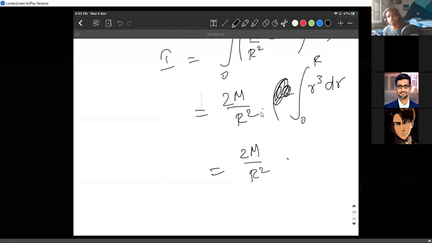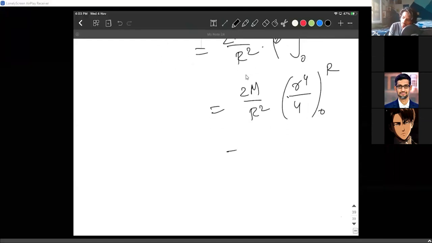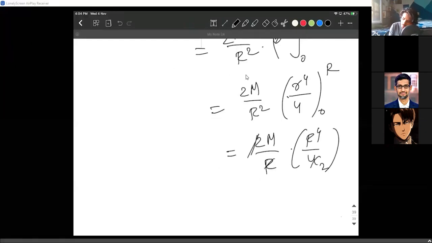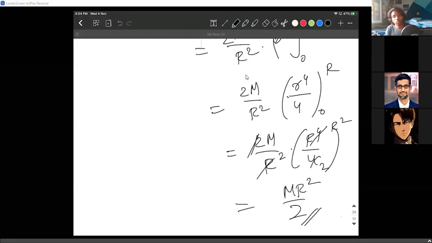Can somebody tell me the integration of r cubed, which is nothing but r power 4 by 4, from 0 to capital R, which is 2m by R squared, R power 4 by 4. This gives us 2, this is R squared and R squared is left. You are left with a moment of inertia of mR squared by 2.